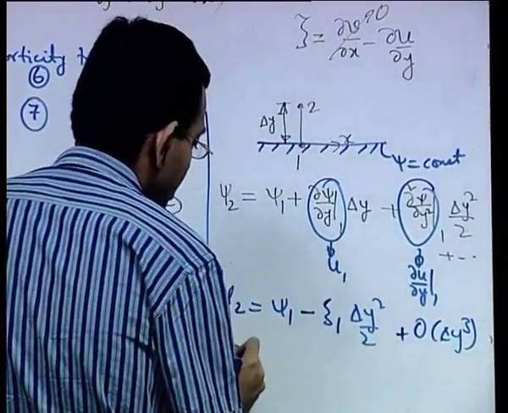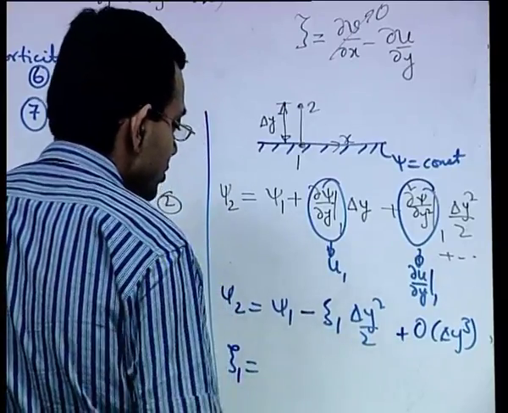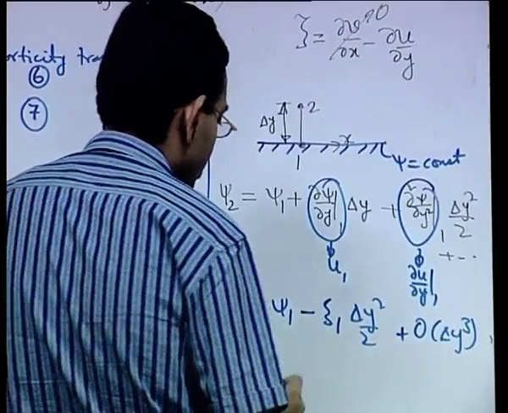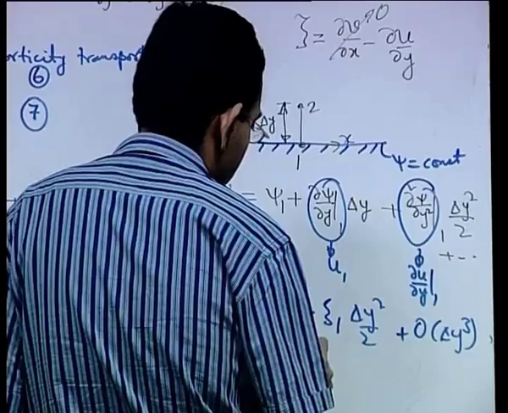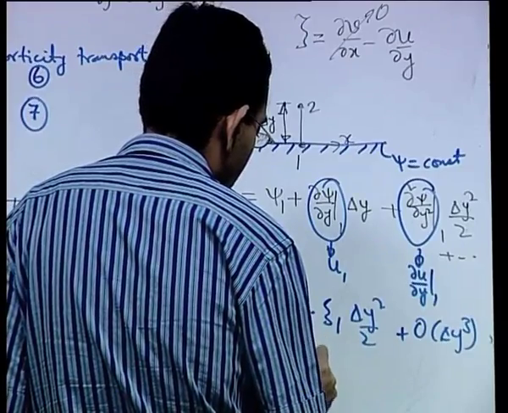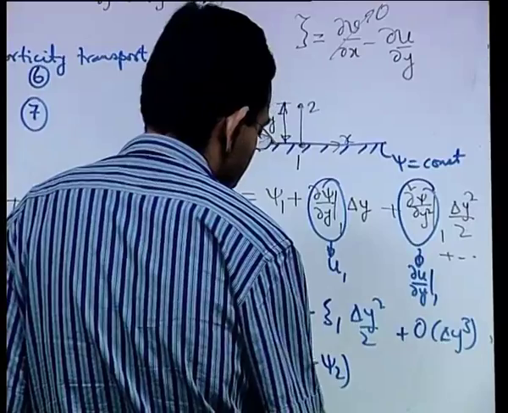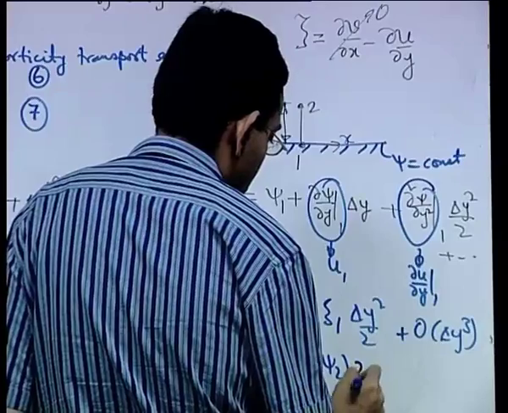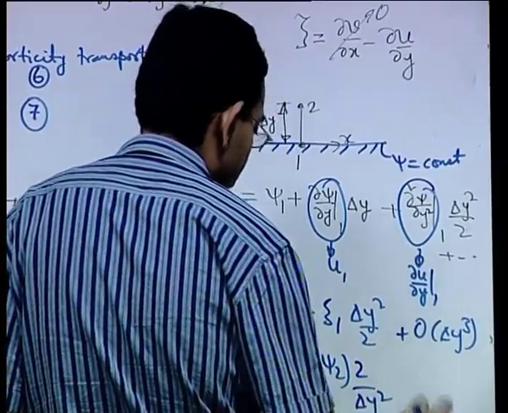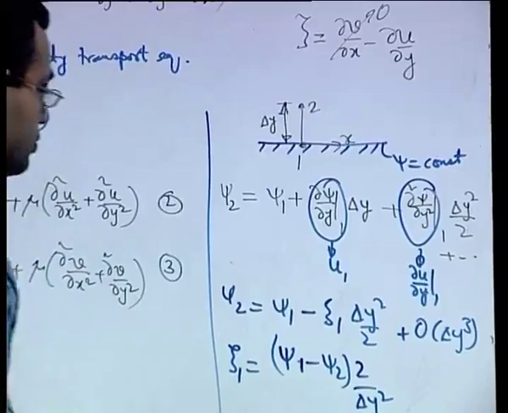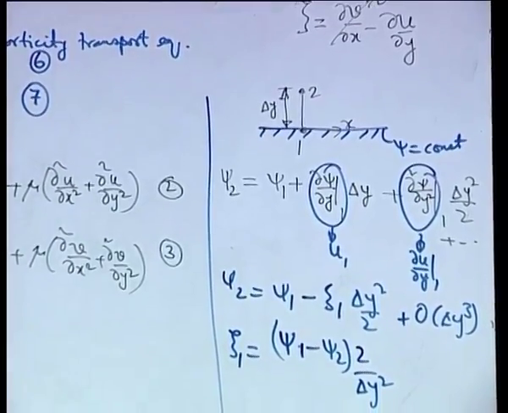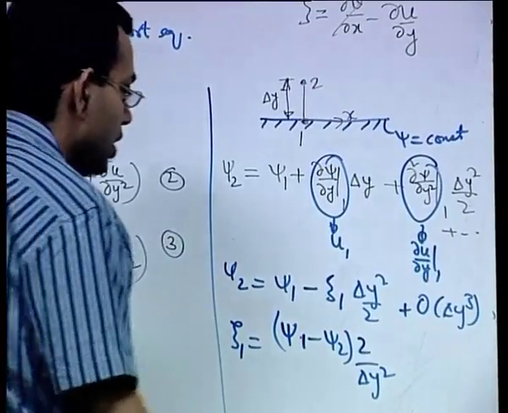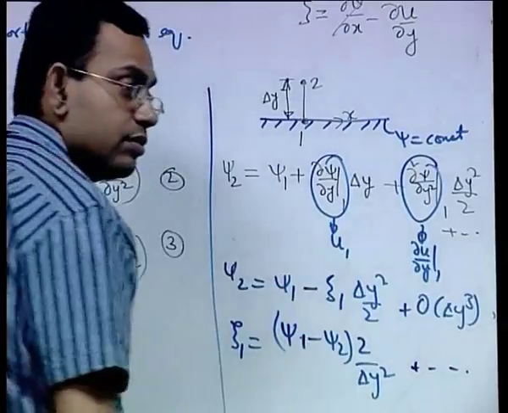So you can write zeta 1 as psi 1 minus psi 2 into 2 by delta y square. Then of course the error term is there.